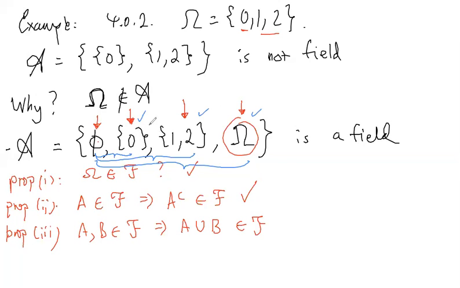Okay. Then you look at the pair here. 0 union 1, 2 will give you omega, right? So it's inside A. So 1, 2 union the omega, you get omega, right? The larger set, right? Okay.